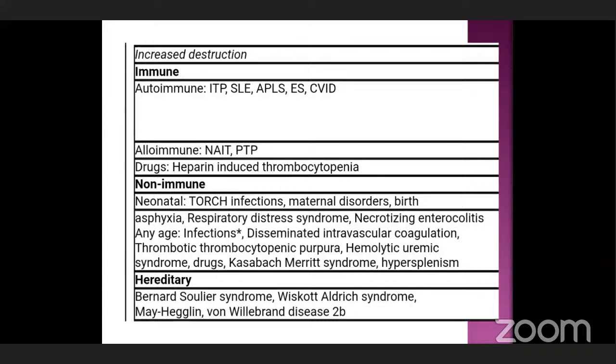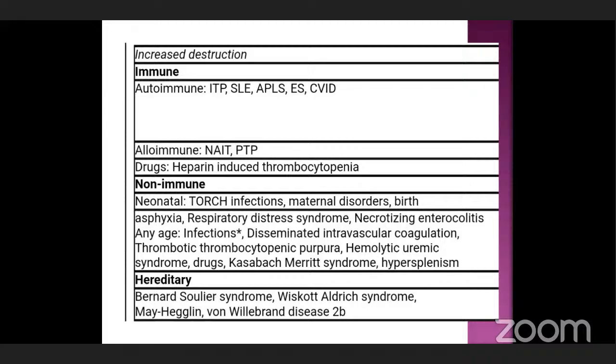So it can be either autoimmune, that means our body is producing antibodies against the platelets of our own body, or it can be alloimmune, that is, antibodies which are formed in some other place are acting against the platelets of our body, or it can be because of drugs. Okay, so certain drugs act via immune mechanisms and certain drugs act via non-immune mechanisms against platelets.